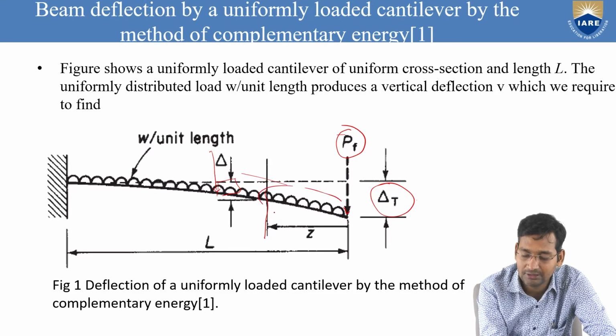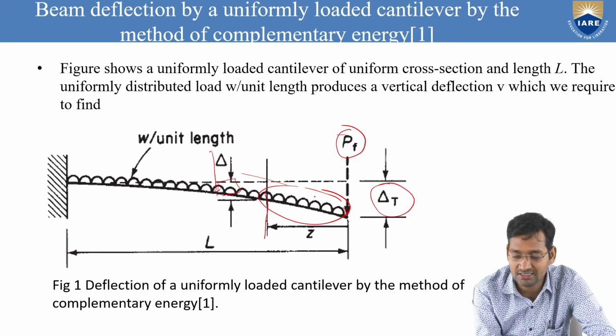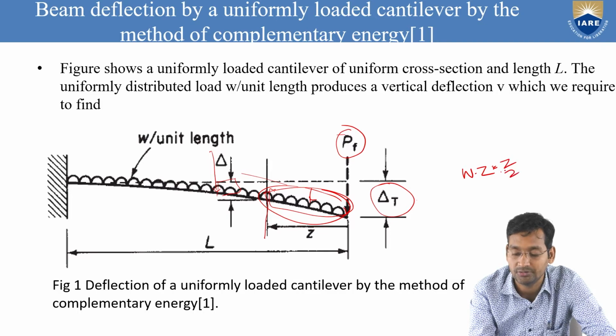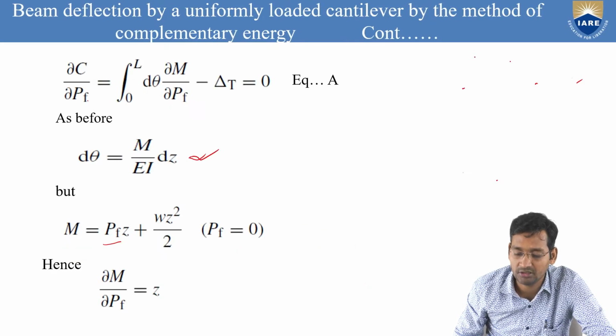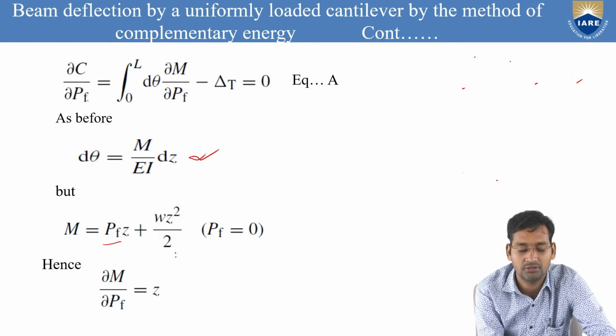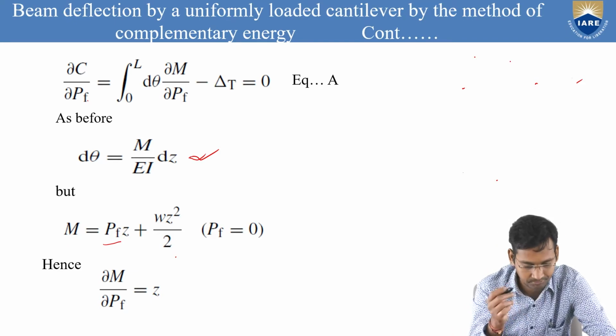Now because of this uniformly distributed load, the weight is wz for this much length, right? And where is it acting? At the center of this one, so into z by 2, that distance. So this is the total weight, acting at z by 2. So this becomes wz squared by 2, right? This is M.